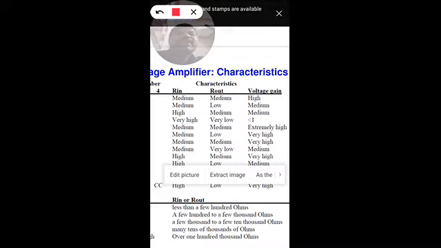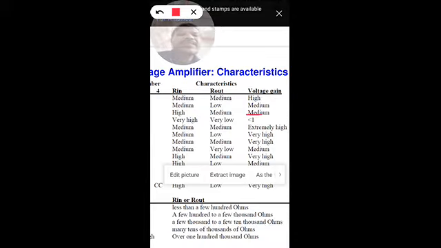So CE has a very high voltage gain, and in the CC there is no voltage gain. So in the CE-CC combination, the voltage gain is the voltage gain provided by the CE stage only.